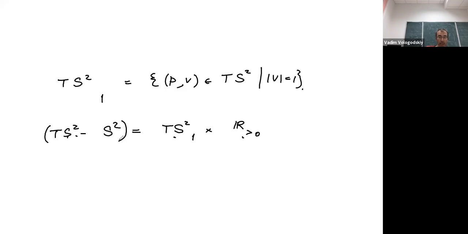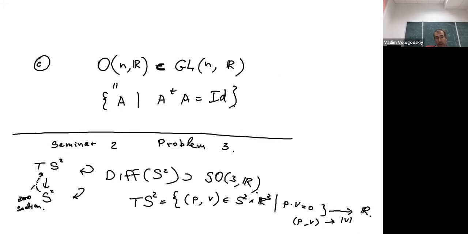So if you want to show that a vector bundle is non-trivial, the general idea is to look at the topological properties of the complement. If you're familiar a little bit with the language of homotopy theory, a vector bundle is a map whose fibers are vector spaces.